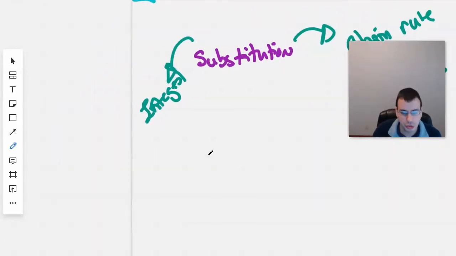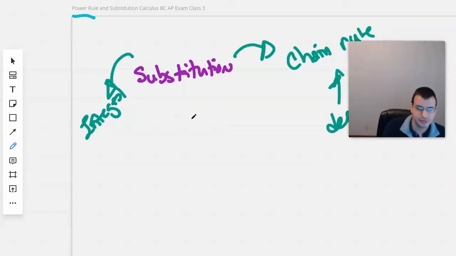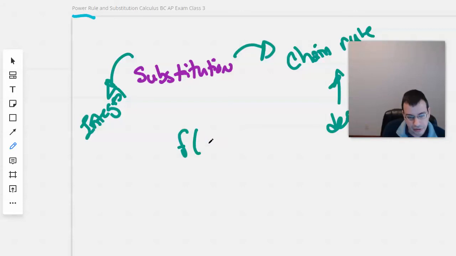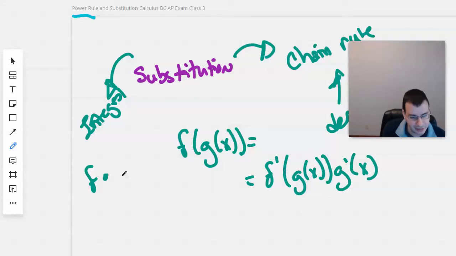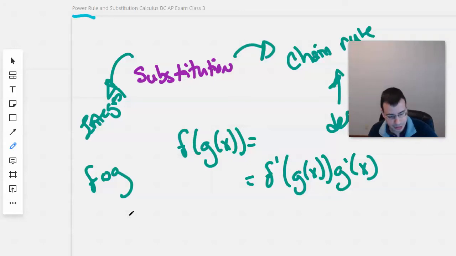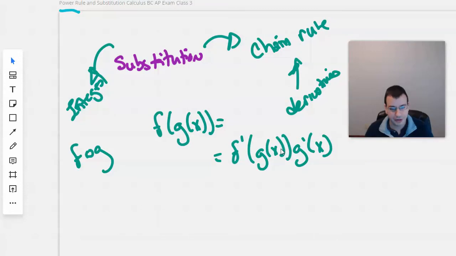So the chain rule was the derivative of f of g of x equals f prime of g of x times g prime of x. And you'll sometimes see this as f little open circle g. Some people call that the fog of x. But I prefer this notation, where you have the nested, I think it's more obvious.